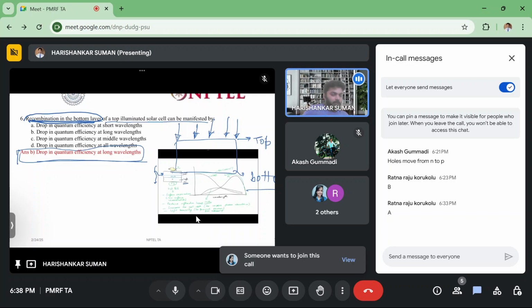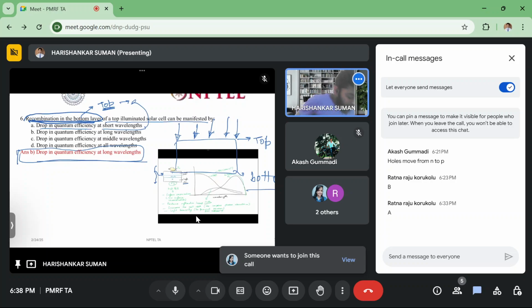If the question is asked like that, recombination at the top, the bottom replaced by top, then what will the answer be? A drop in the quantum efficiency at shorter wavelength.